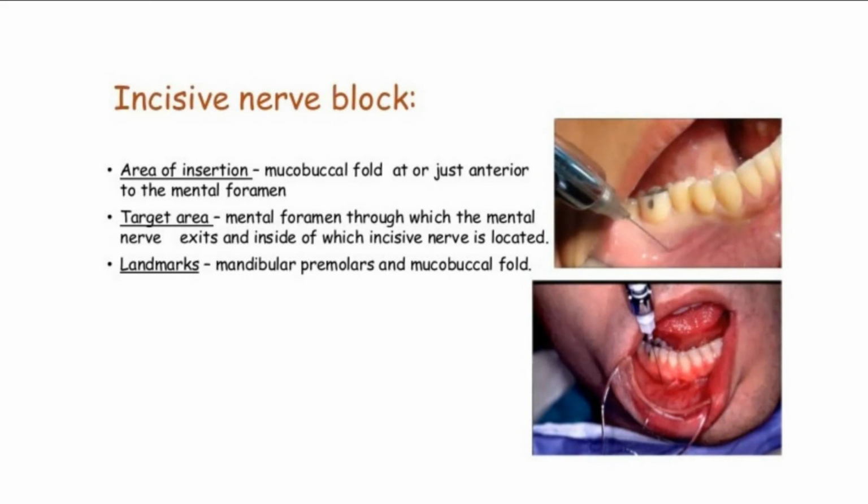So where is the area of injecting? RPM and Gow-Gates are the only techniques where you don't have to do additional anesthesia, because you already got it. For the Gow-Gates, yes, that's 100%.